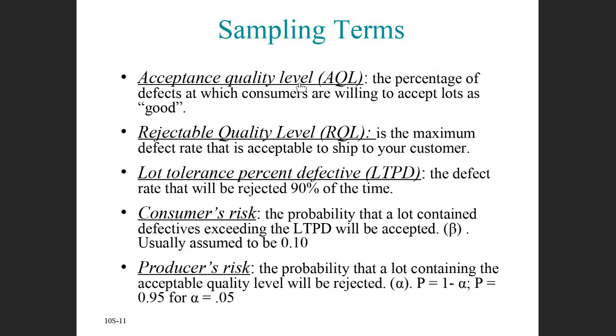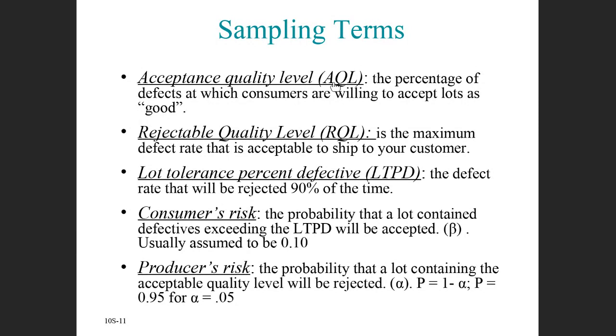The acceptance quality level, which is the AQL, refers to the percentage of defects that you are willing to accept. For example, you are going to accept 5% defective in the sample, then this will be the AQL.